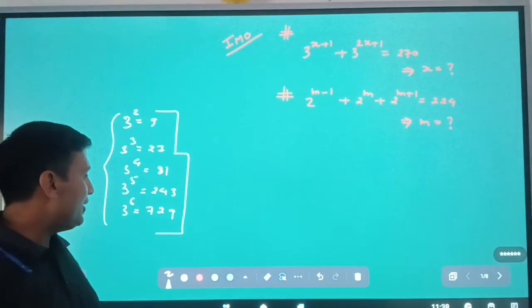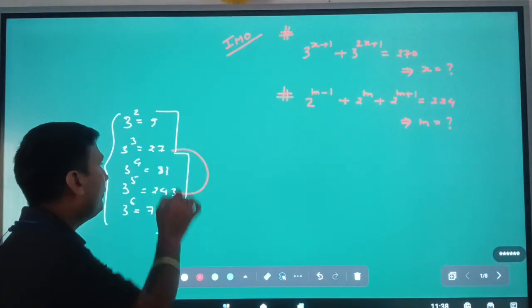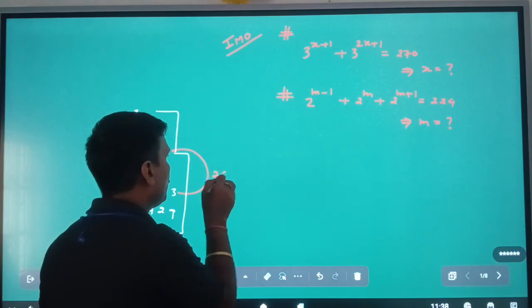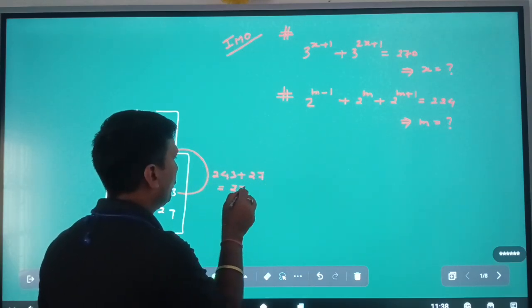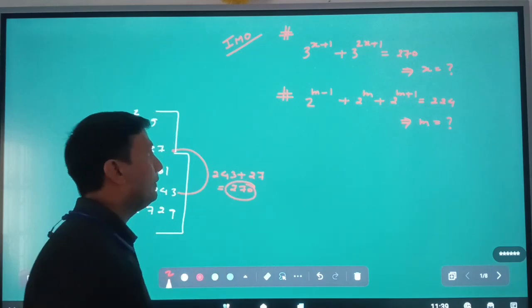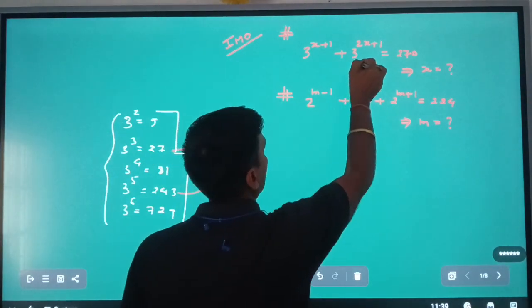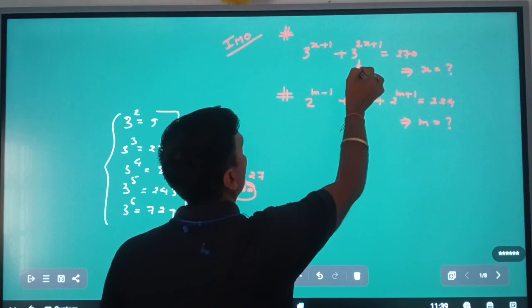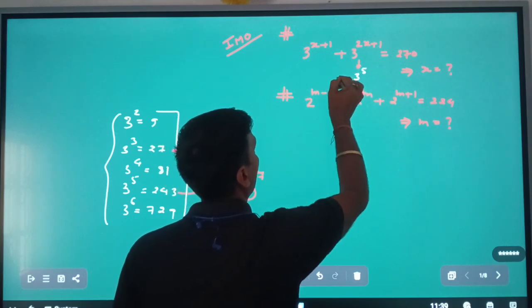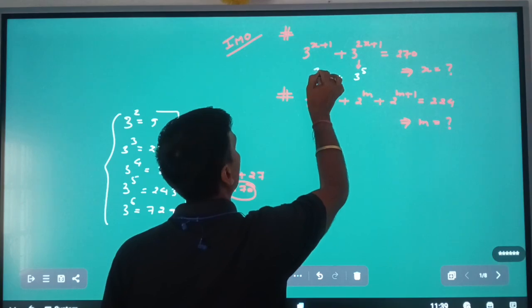As you see, if we add these two numbers, what are we getting? 243 plus 27 sums up to 270, and we almost have our answer. This could be 3 raised to the power 5 and this could be 3 raised to the power 3.